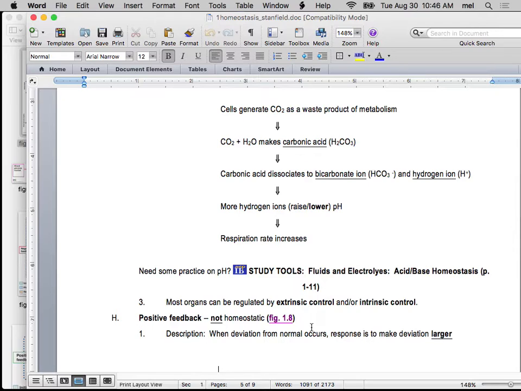So if your oxygen level dropped in a tissue, what would you try first? Yeah, vasodilation, intrinsic. If that failed, then you tell the nervous system about it and increase your heart rate and respiratory rate, right? So almost every body system has the capacity to do both, and you're almost always going to try the cheapest one first, and that's generally just what the body does.